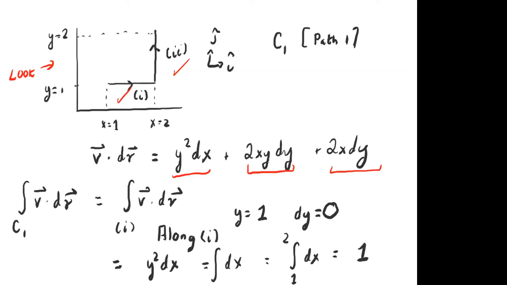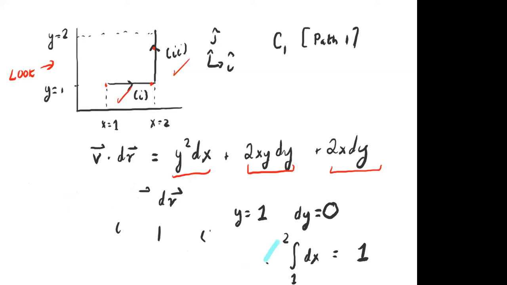Now, I need to evaluate. So I've gone from here to here. Now I need to go from here to here. Well, an easy way to do this is not to throw everything out the window, but just some of these things. Let's keep our figure here.